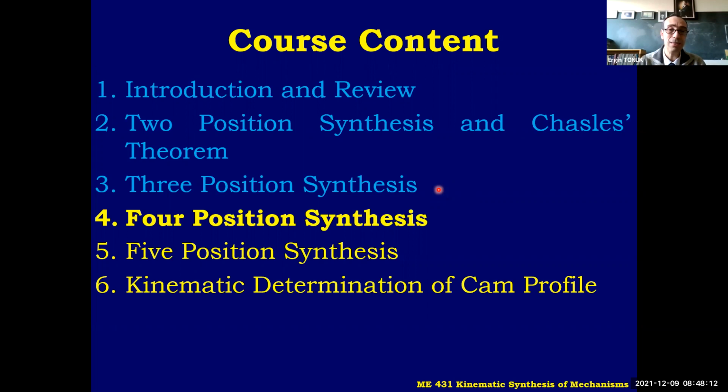However, this time we have three poles. In two-position synthesis, we had a single pole, which was P12, but for three-position synthesis, we had three poles, P12, P23, and P13.